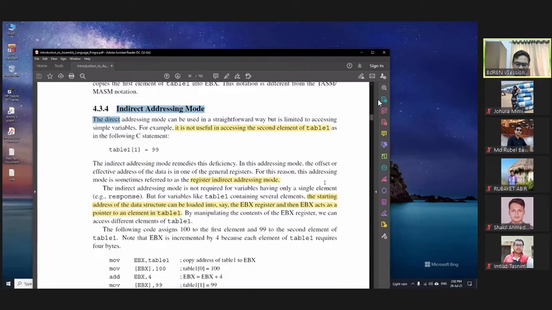The basic thing is we are going to save the address. For example, we have an array. Let's consider this is our array. Then we have some blocks, like for the zero number, first number, second number, third number, fourth number.